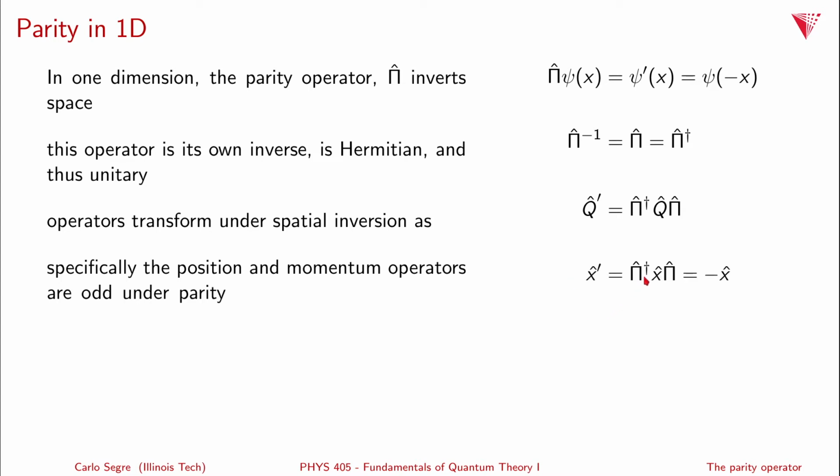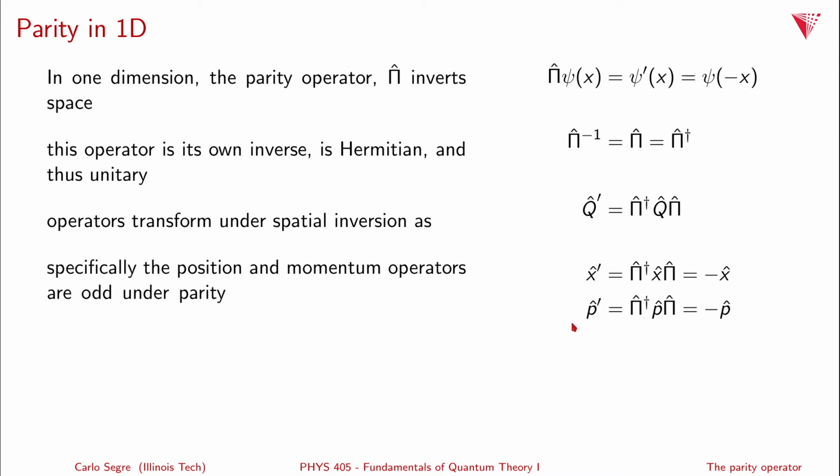That is, if I take the X operator and apply a parity operation, that means that I apply pi dagger to X, it walks through, and then these two are inverses of each other, so that gives us 1, and that means that all you've done is invert the x coordinate. So x prime is equal to minus x, that operator.